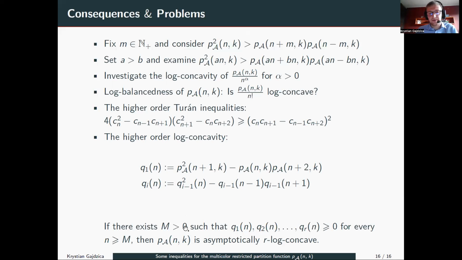So if there exists some capital M such that all the values of the sequences are non-negative for values greater or equal than M. Up to this day, I was only able to show that the sequence P of n,k is 2 log concave with the same assumption as in the second Turan inequality, namely that every k-6 multi-subset of A1 up to AK is coprime.